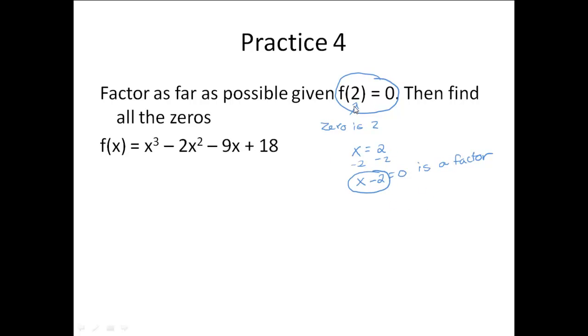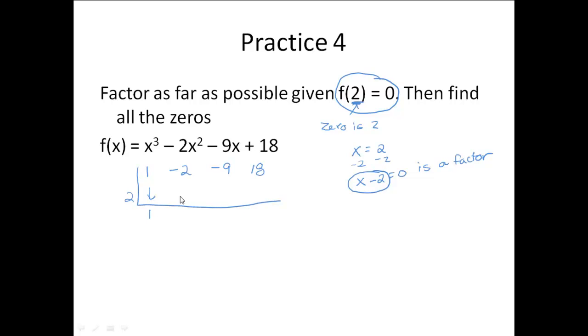Now, the way we use this is I know that if I put this 2 on the outside of my synthetic division, I'm going to get a remainder of 0. And what that's going to do for us is it's going to get us a simpler equation. So I'm going to go ahead and set up my synthetic division problem. It's already in standard form. There aren't any missing terms. I'm going to put that 2 out here, and I'm going to divide it down to make it smaller.